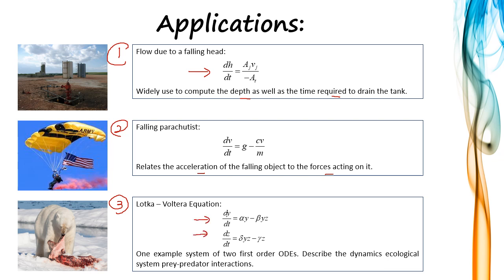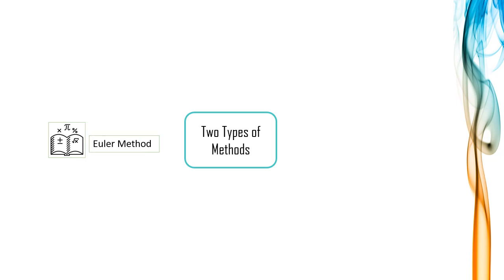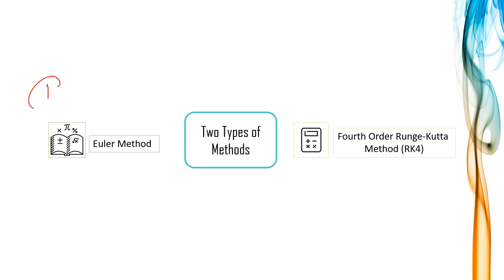This is an example of a system of two first order ODEs, where it describes the dynamics of an ecological system, prey-predator interactions. So in this topic, we will cover two methods. The first one is Euler method, and the second one is fourth order Runge-Kutta method, where we will cover a single equation and also a system of equations.